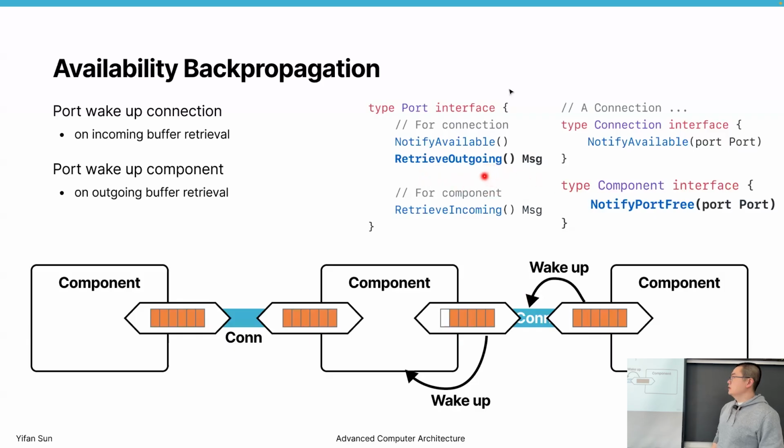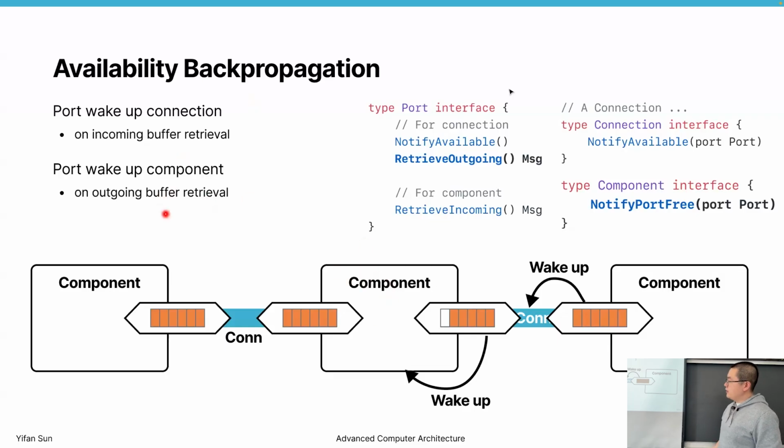This connection calls these ports' retrieve outgoing. Then it will remove one element from the port. Then the port will call the component's notify free. So the port is waking up the component, saying you can wake up and start to inject the request to me. So then these components wake up.